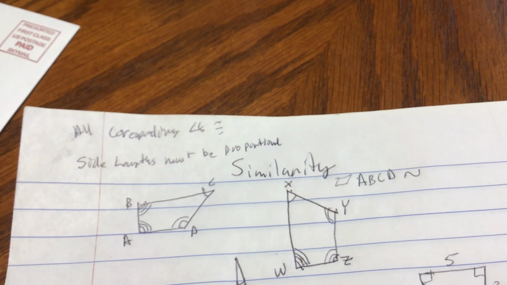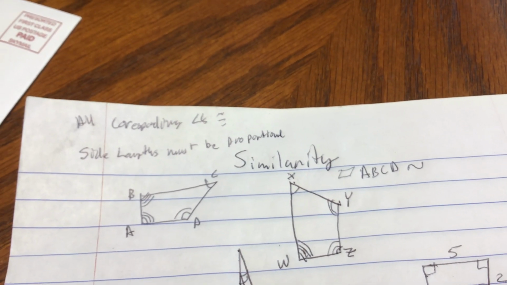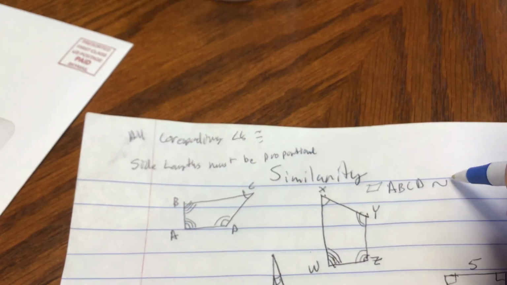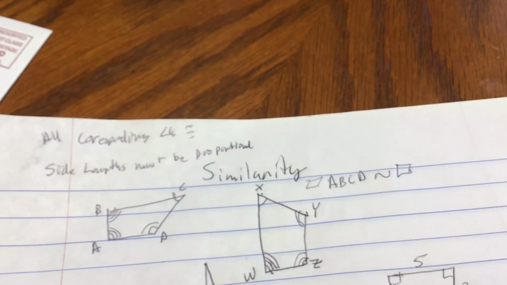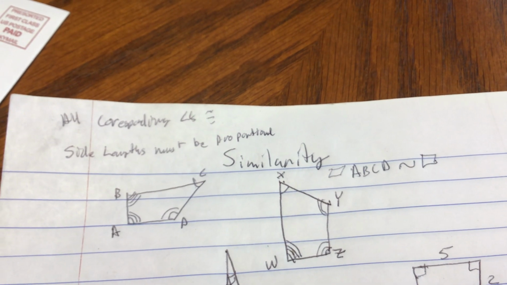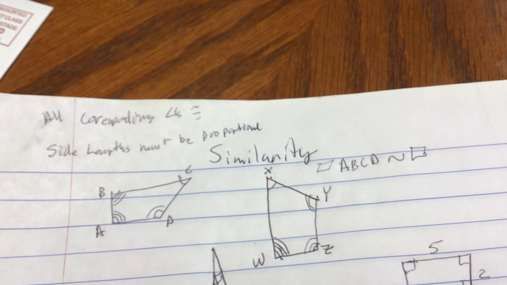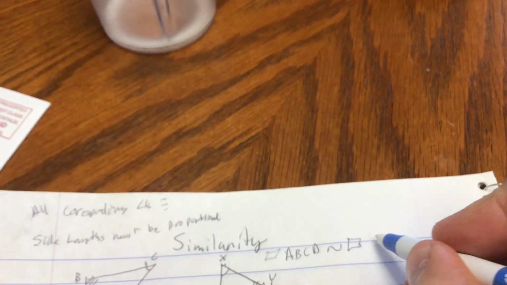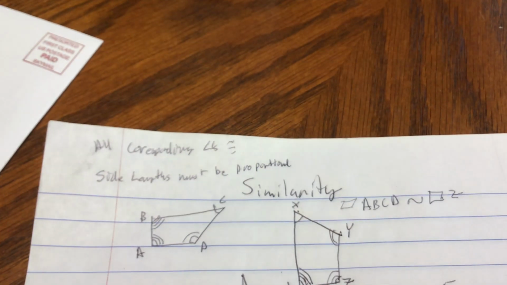So if I say ABCD is similar to, I have to write the corresponding angles. So I'm going to say it's similar to the quadrilateral, and then what am I going to say it's similar to? Well, if I start with A on the left, I've got to start with what on the right? A has 3 marks. Over here on the right, Z has 3 marks. So I'm going to say, okay, this corresponds to Z. Now what corresponds to B?